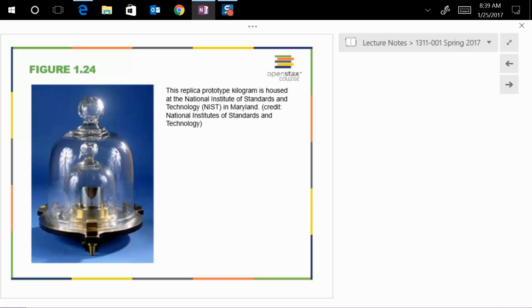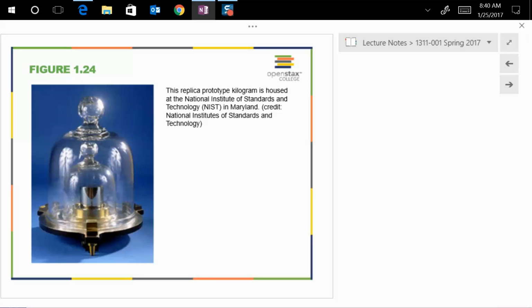So if you think about it, what is a gram? It's a measurement of matter, right? So 1 gram, if I weigh out 1 gram on my scale, it's because that scale has been calibrated to say that when this amount of matter is on top of the scale, that's 1 gram.